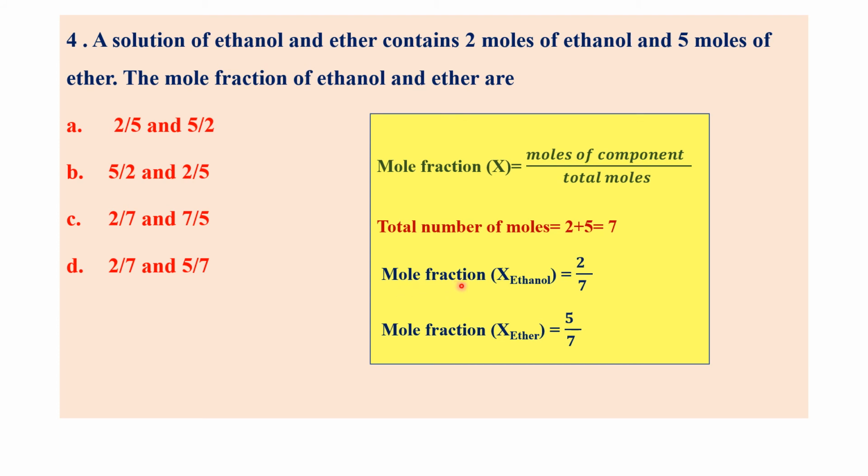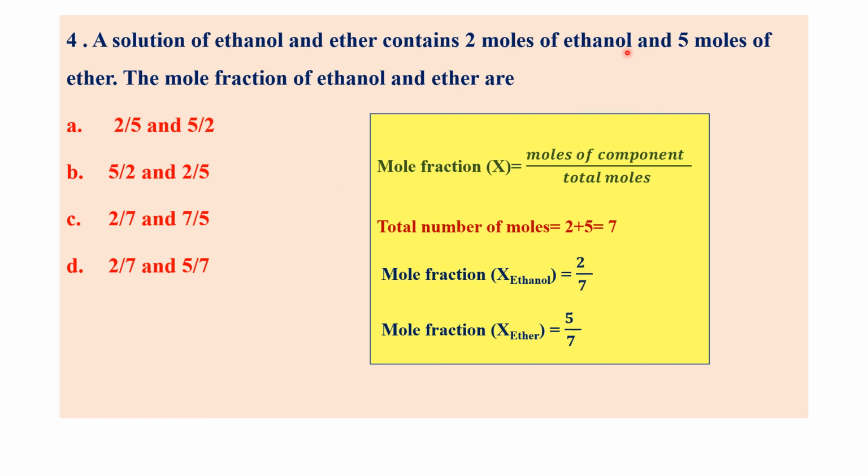Now the mole fraction of ethanol. Here the formula is moles of component divided by total moles. So the moles of ethanol are 2 moles. So we will put here 2 divided by total number of moles. Total number of moles are calculated as 7, 2 by 7.